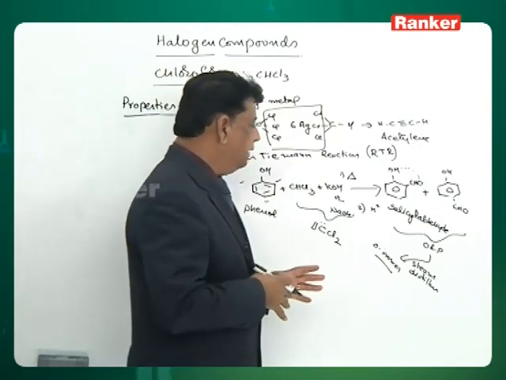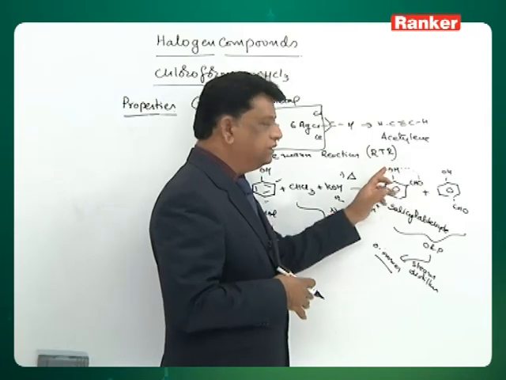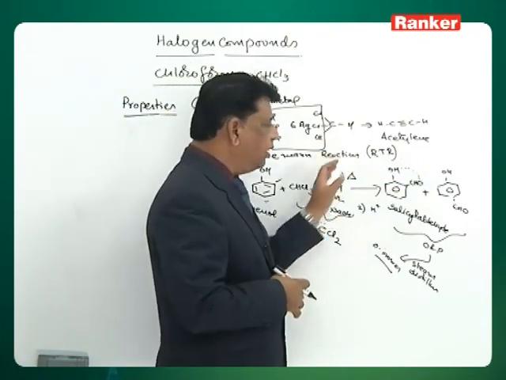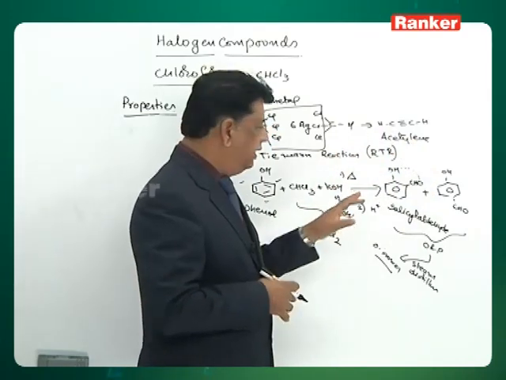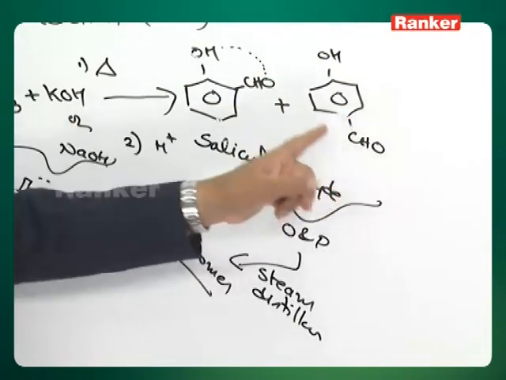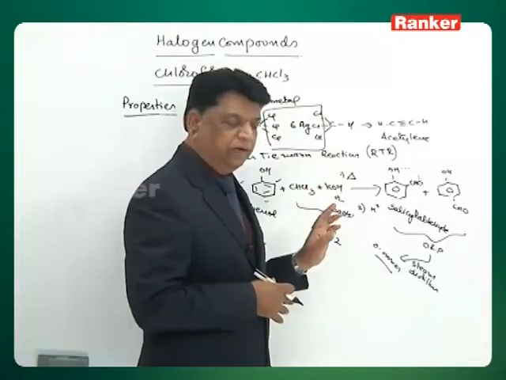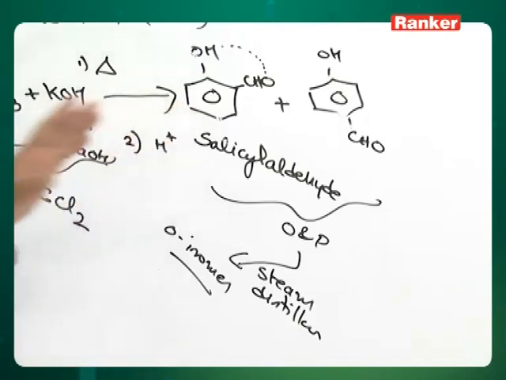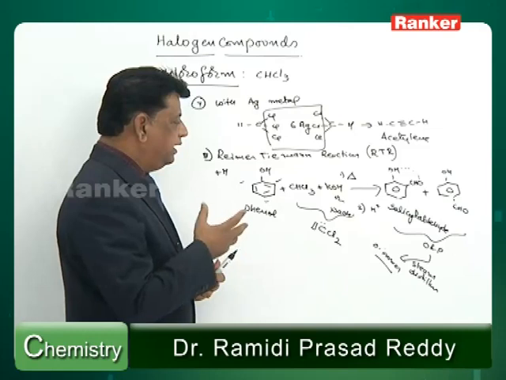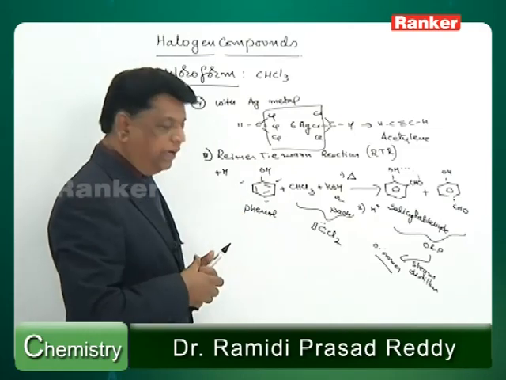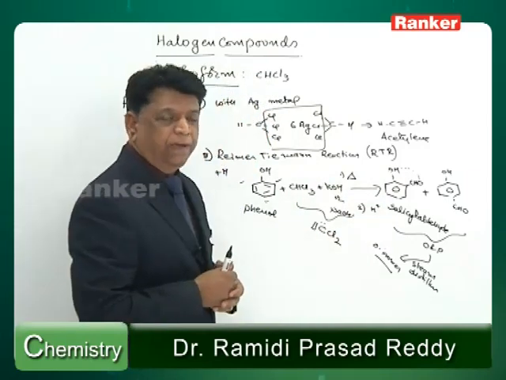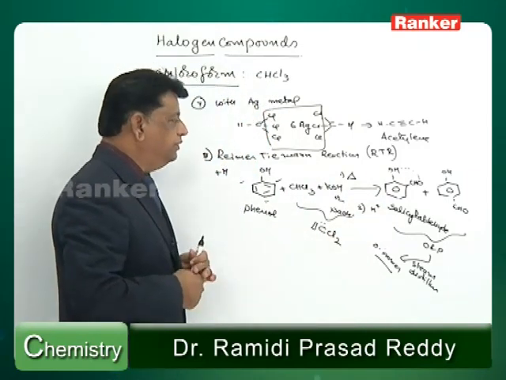The point is that because the ortho isomer has intramolecular hydrogen bonding, it has fewer connections with the neighboring molecules, n minus 1 compared with n. So it distills at less than the boiling point of water. Therefore the ortho isomer is preferentially distilled over the para. So one can have this type of separation.